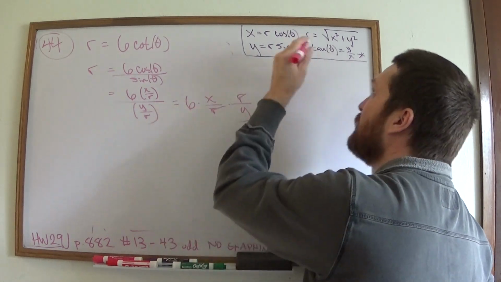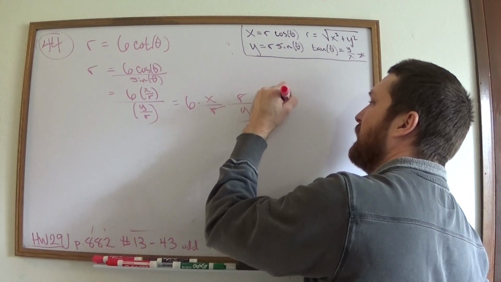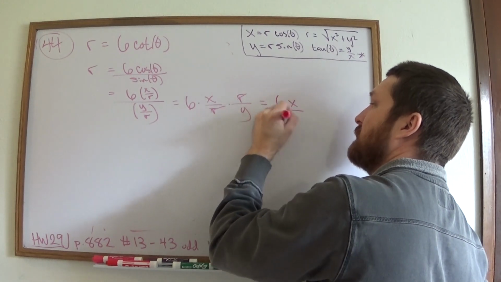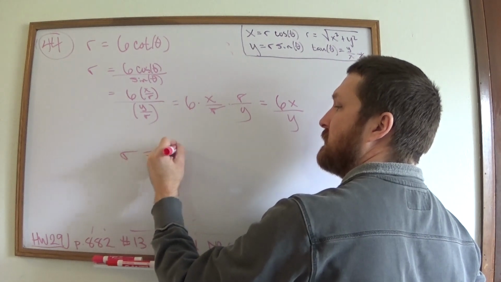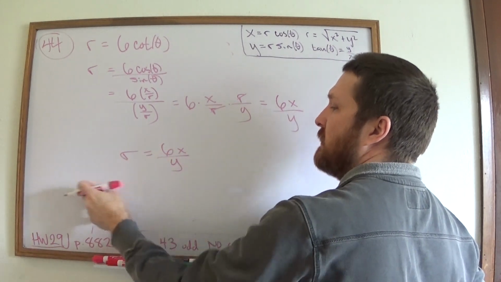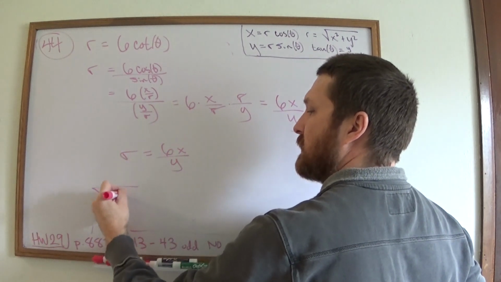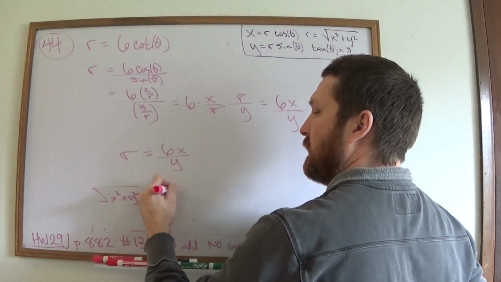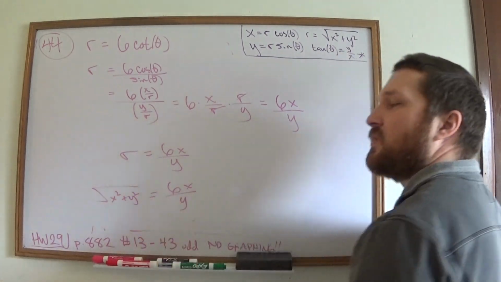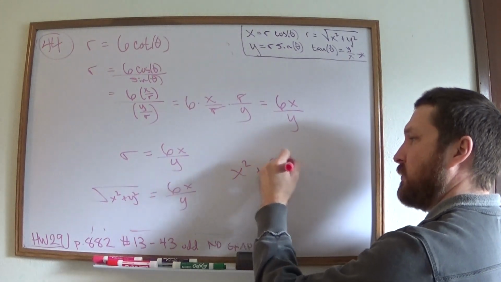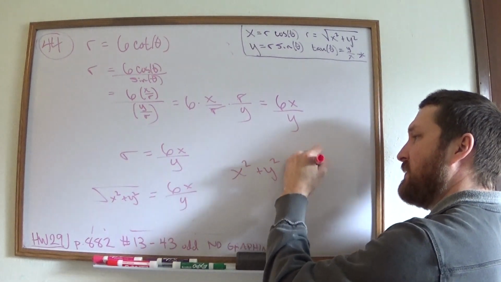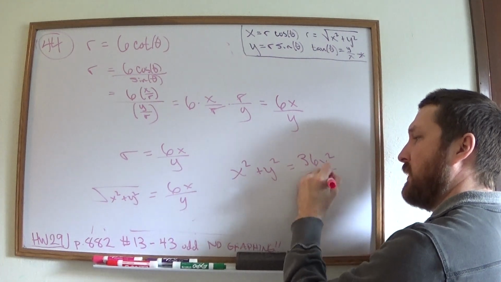That's x over y. And so now you have r equals 6x over y, but r is equal to root x squared plus y squared, equals 6x over y. Square both sides, which should give you x squared plus y squared equals 36x squared over y squared.